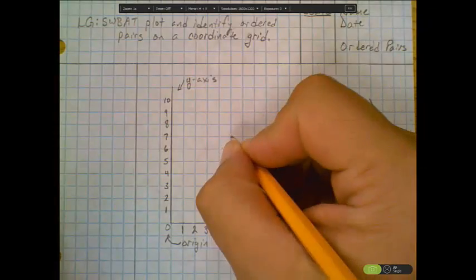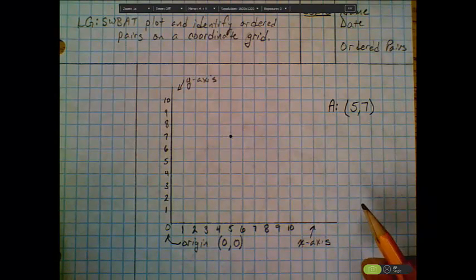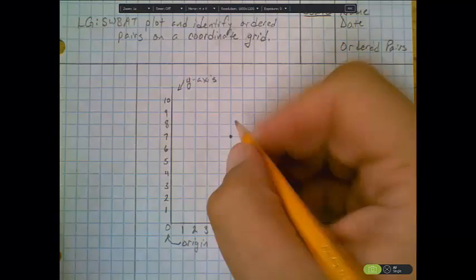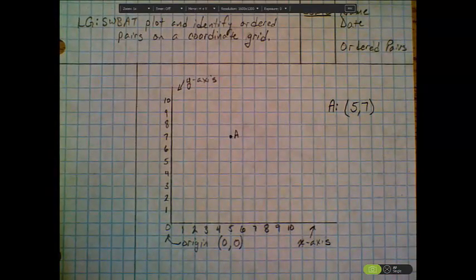And where those lines meet, we're going to draw a point. And since we said that this point is going to be letter A, we're going to write the letter A next to it. So we have just plotted point A at 5, 7.